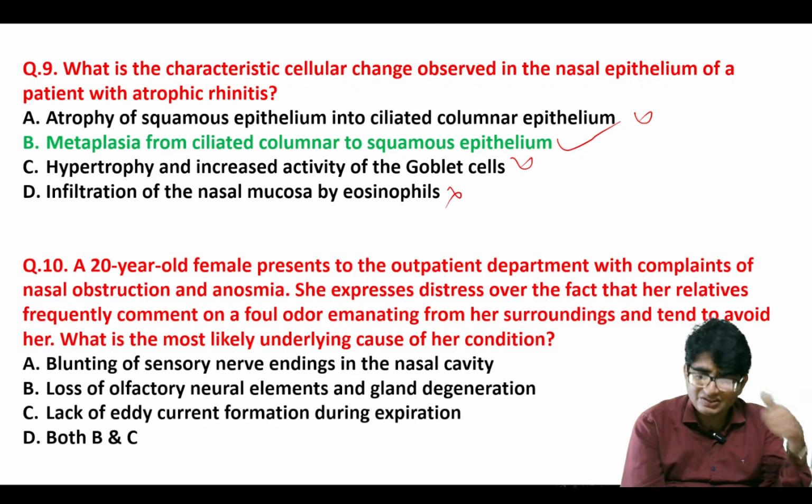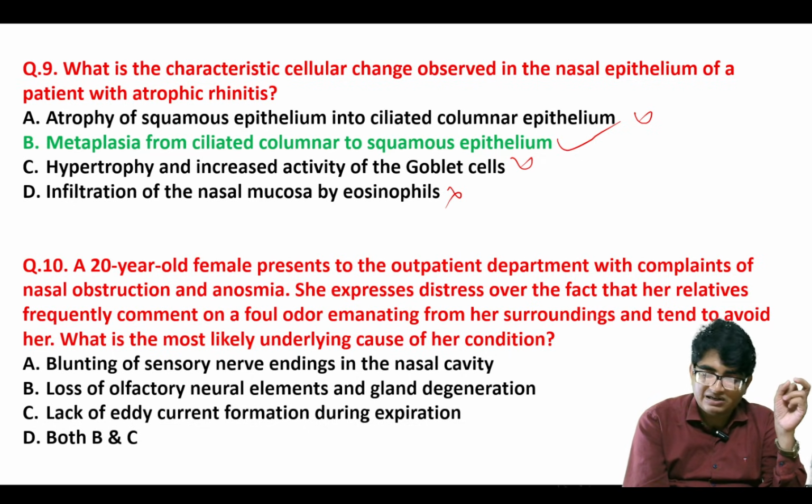Correct? Next question. A 20-year-old female presents to the outpatient department with complaints of nasal obstruction and anosmia. She expresses distress over the fact that her relatives frequently comment on a foul odor emanating from her surroundings and tend to avoid her. So she has anosmia and nasal obstruction, but there is a foul odor emanating from her surroundings and relatives tend to avoid her. That is merciful anosmia.